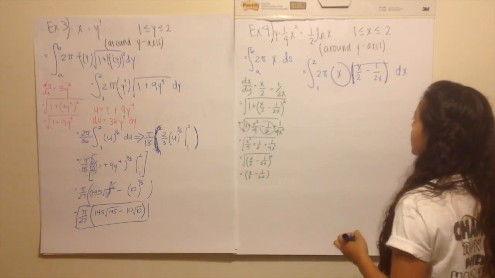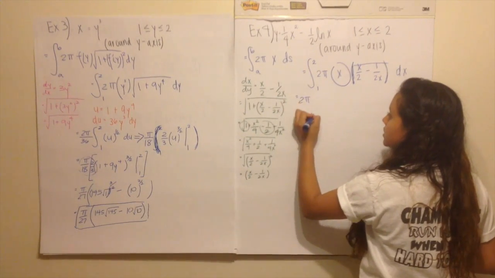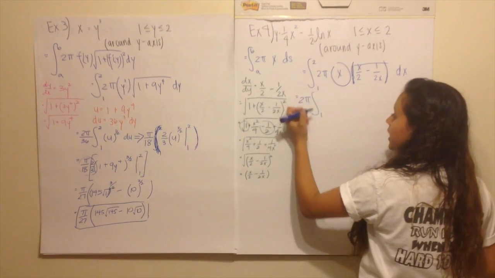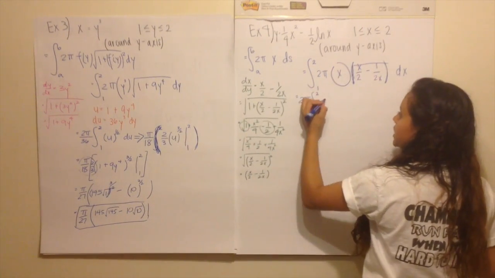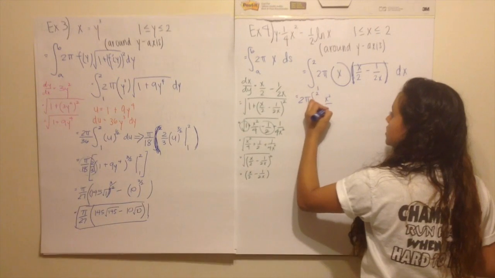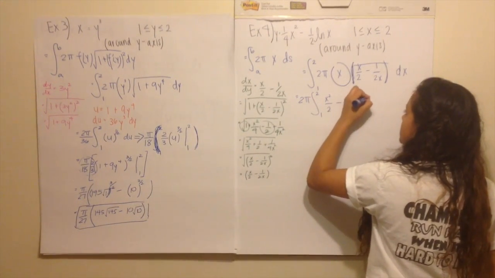Okay, so we take out the 2 pi. So it would be 2 pi, integral from 1 to 2. We distribute the x, so it would be x squared over 2 plus 1 over 2 dx.